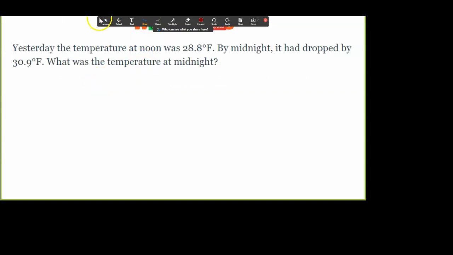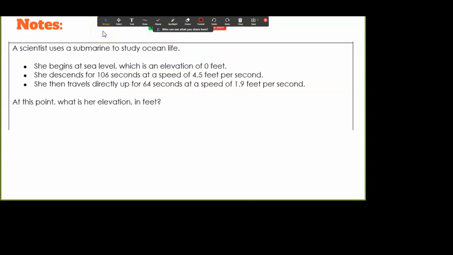This is the last one we're going to do. We're back to a submarine. She begins at sea level. She descends for 106 seconds at 4.5 feet per second.